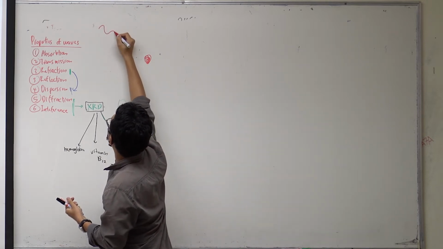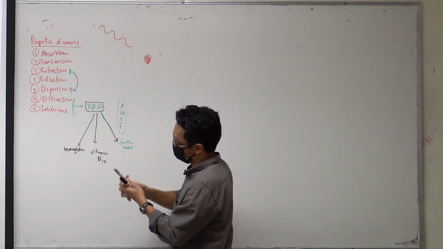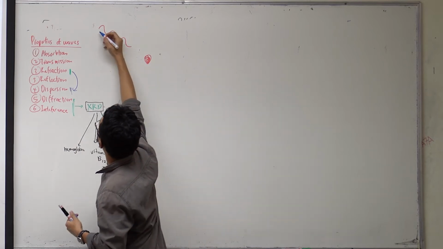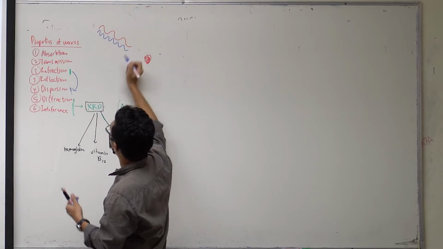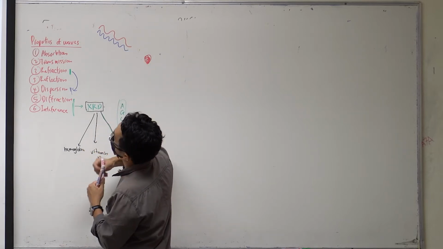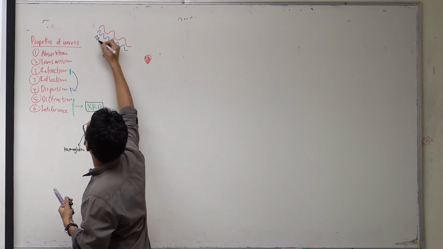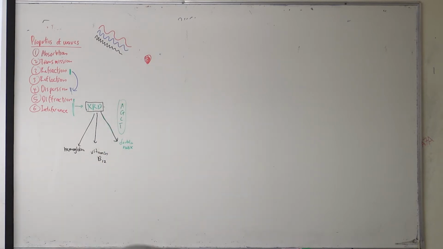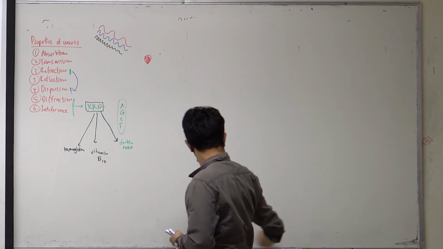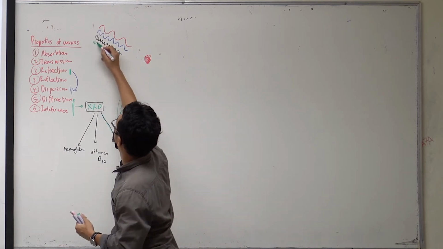Red normally is long like this. Orange is shorter than that, then yellow is shorter than that, and green is even shorter, and so on.